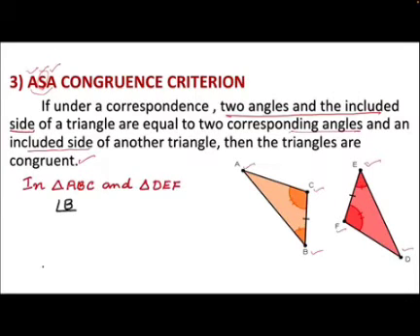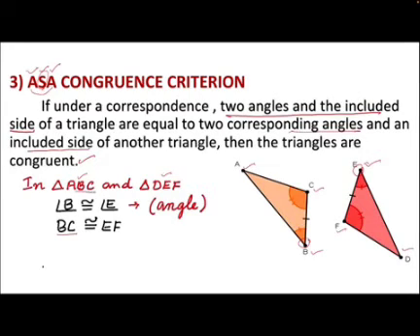So angle B is congruent to angle E. Very clear it is, angle B and angle E. Also in the figure you can see angle B and angle E. Now which is the side that we are matching? BC and EF. Okay, see the order, BC, EF. So they are congruent. So that is side.